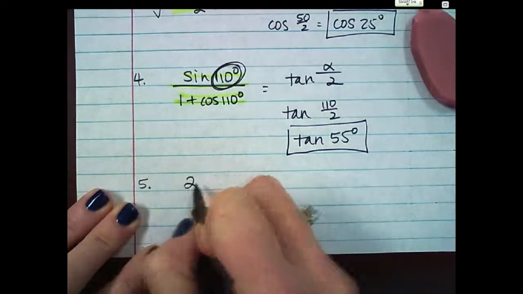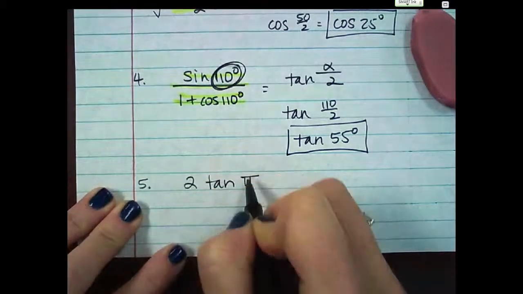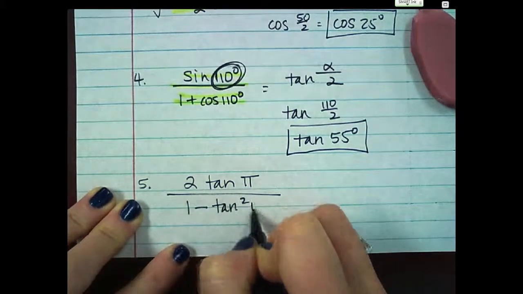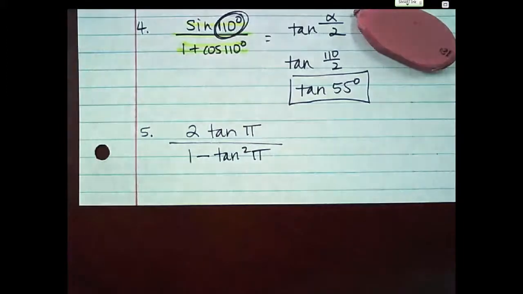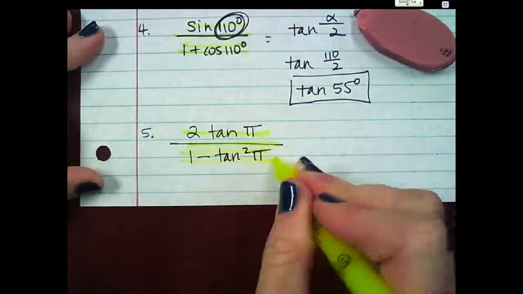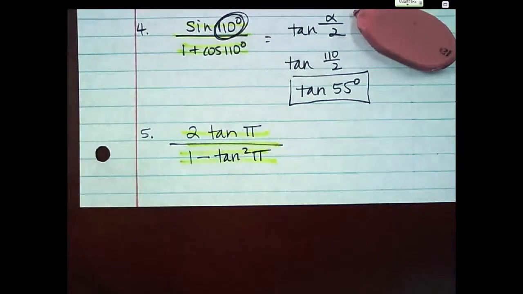Right, one more like that. We're going to take 2 tangent of pi over 1 minus tangent squared of pi. We're going to try to find which formula this matches. It's got tangent in it, and it's a fraction.